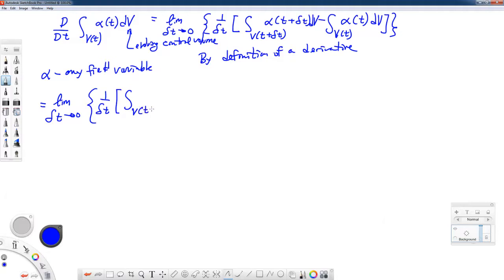It's a volume integral at time t plus delta t, integrating the field variable alpha at t plus delta t over that volume. And now I am going to subtract a term that is over the volume at time t, but is of the field variable alpha at t plus delta t.